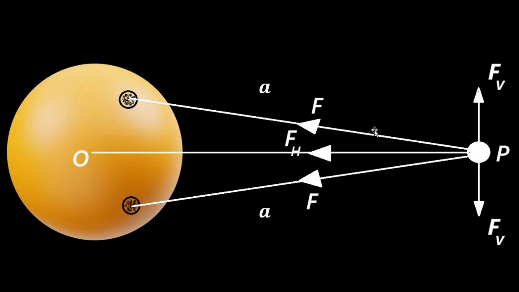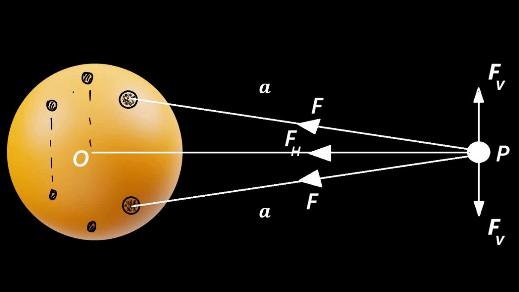Again, the vertical components of these two forces will cancel out each other because they are equal in magnitude but opposite in direction, one towards the top, one towards the bottom. Whereas the horizontal components are along the same line towards the center. Okay, it is directed towards the center O. Similarly, here also the entire solid sphere can be divided into numerous such symmetrically opposite small portions.